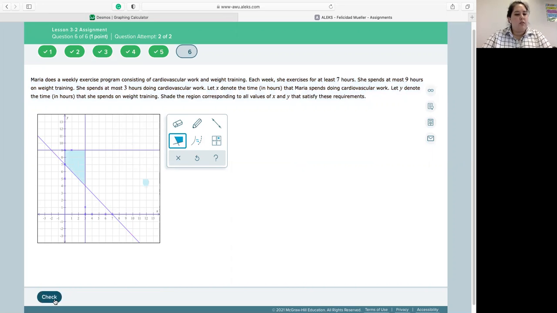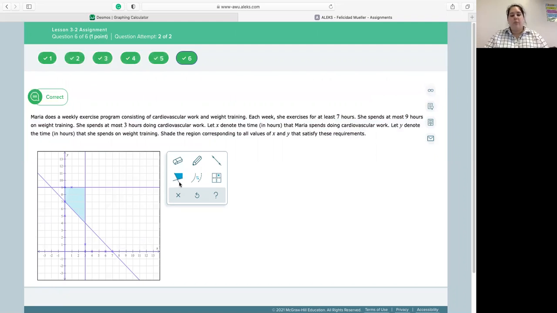Should be that region there. And I'm just going to double check to make sure it doesn't say at least on these. So at most 3 and at most 9. And there we go. So that one does take a little time to set up and do.